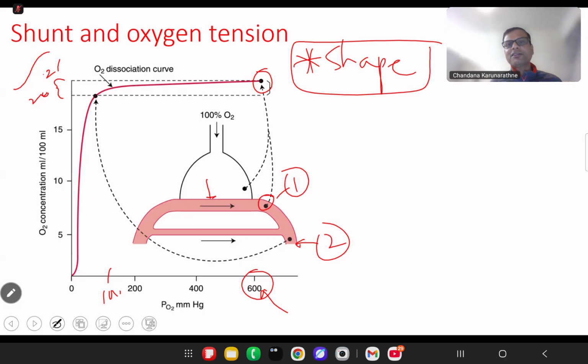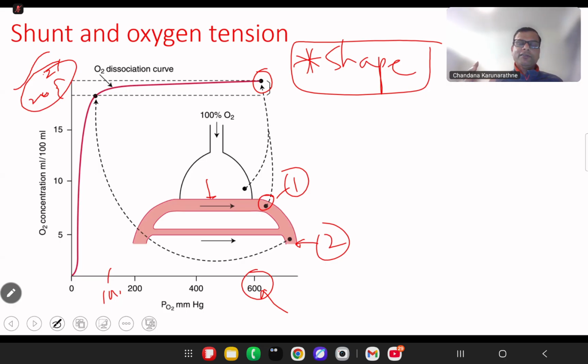If you do not mention the shape of the oxygen curve in a shunt, you can compensate by saying so many words. But if you mention the shape of the oxygen dissociation curve and this small reduction in oxygen content, those are the keywords when you answer the question. So make sure that the keywords are mentioned in the answer.